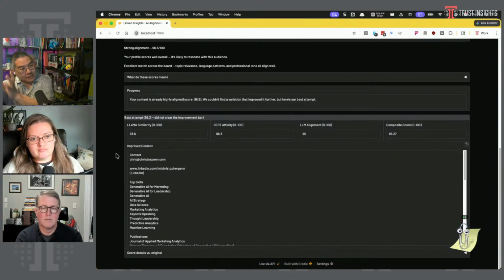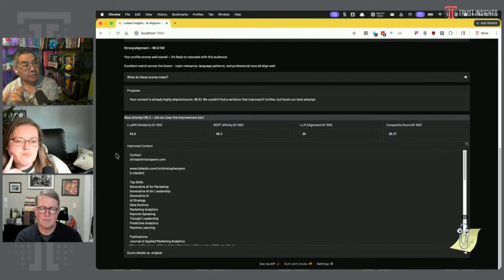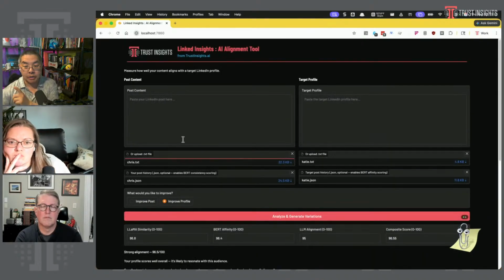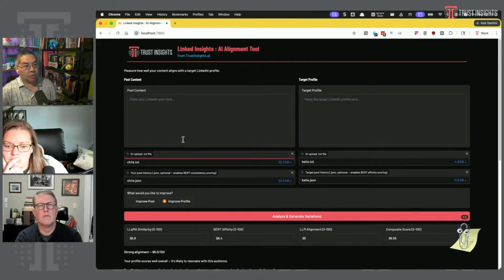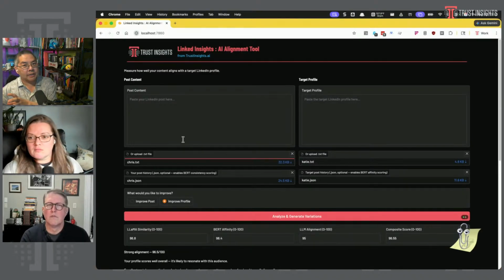I would have Tim Cook's posts and Tim Cook's profile, and it would say, if you want to close that gap semantically, here's how you should change your LinkedIn profile to match. And then if I wanted to, I could copy and paste a post in here and say, okay, now if I want to show up in Tim Cook's feed, what, if anything, could I do to modify this post to be more semantically aligned with who Tim is and what he cares about?